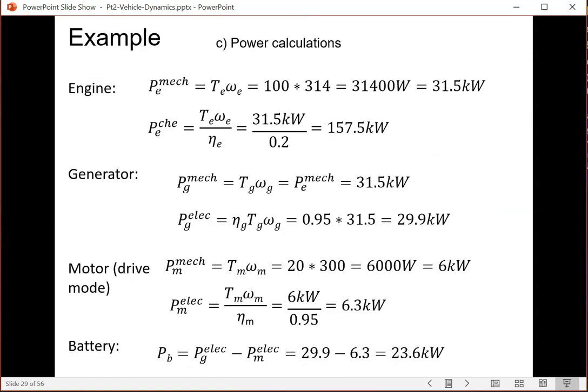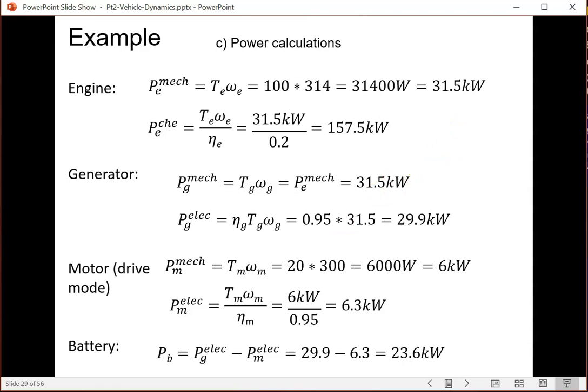I can also do another calculation for the power. I know the output torque of the engine and the output velocity of the engine. So torque times angular velocity equals the output power of the engine. Torque is 100, angular velocity is 314. Therefore, that will give me 31,400 watts.